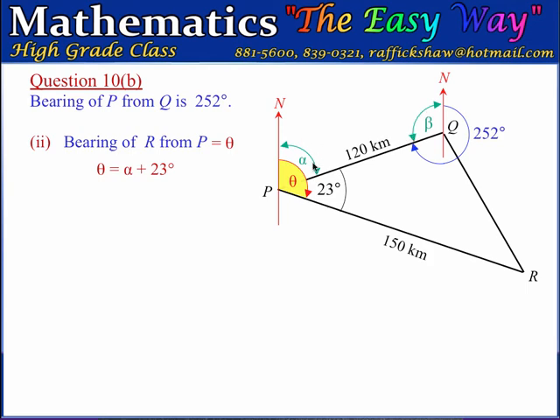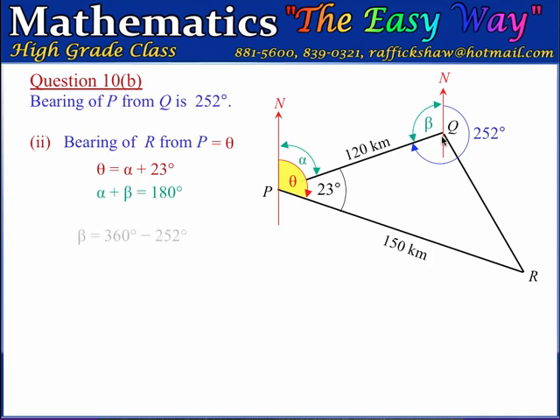Beta plus alpha add up to 180 degrees because beta and alpha are the internal angles between these two parallel north lines. But now beta will be equal to 360 degrees minus 252 degrees because the total angle in the circle around this point is 360 degrees.